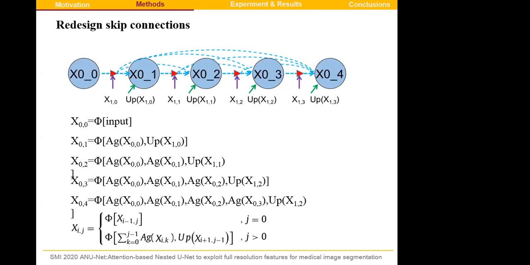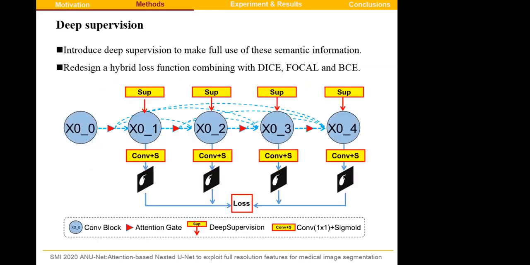The network transfers the extracted features from the encoder to the decoder through dense skip connections for integration of representation under selection. Because of the dense skip connections designed between nested convolution blocks, our work ANUnet can obtain full resolution feature maps at different semantic levels from the blocks.